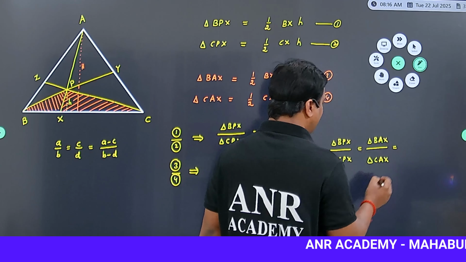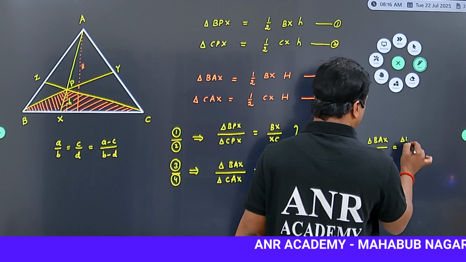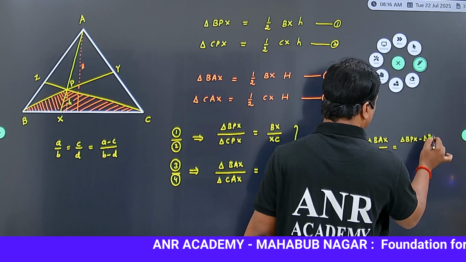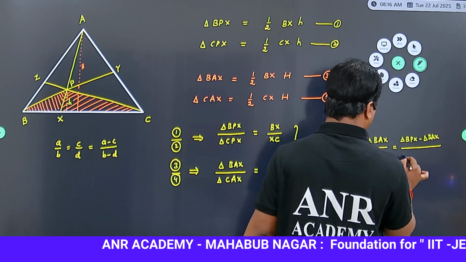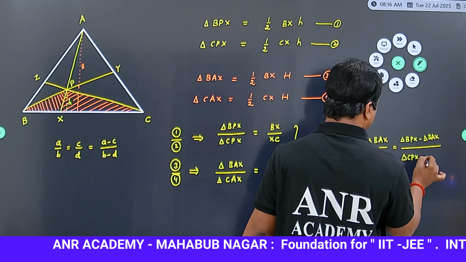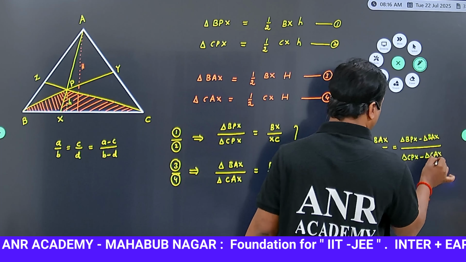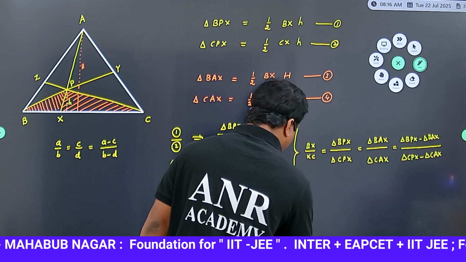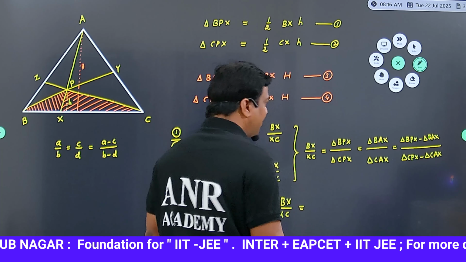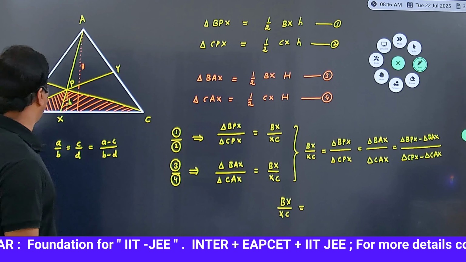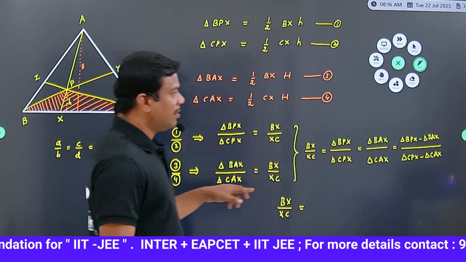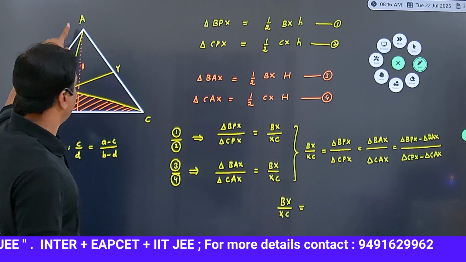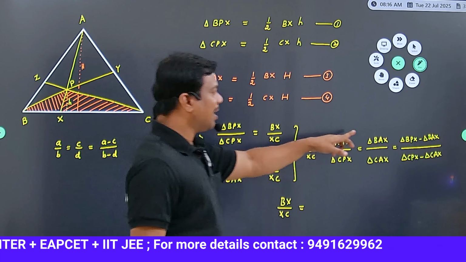Here I am going to write delta BPX minus delta BAX whole divided by delta CPX minus delta CAX. Therefore, finally you will get the BX by XC value. See here from the figure, delta BAX is greater compared to delta BPX.